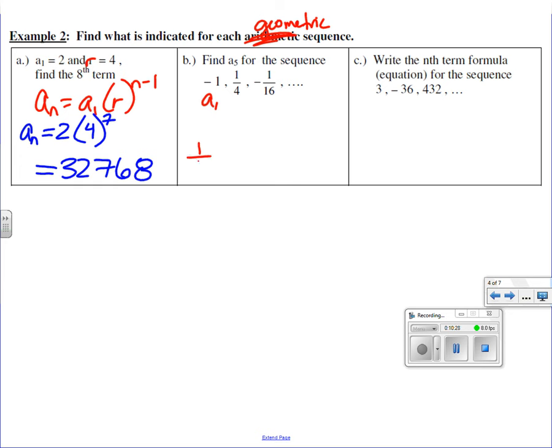So 1/4, and I'm going to use parentheses in my calculator, divided by -1. What are we getting? Yeah. Okay, you could do the rest of them, but you don't have to on this one because they already tell you it's geometric. You're not trying to find yes or no, okay? So this is my R, -0.25, okay?